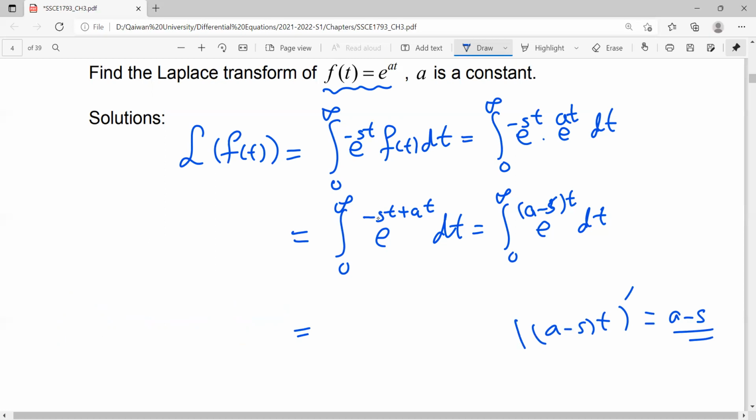So we add a minus s and divide by a minus s. We say it equals the integration of a minus s multiplying by e to the power a minus s times t, dt, from 0 to infinity. Here we multiplied by a minus s, so we must divide by a minus s also.